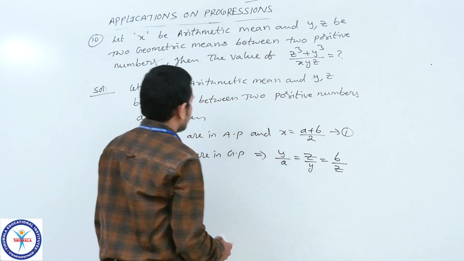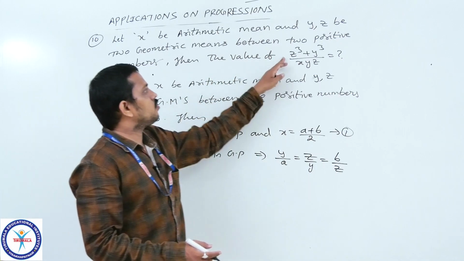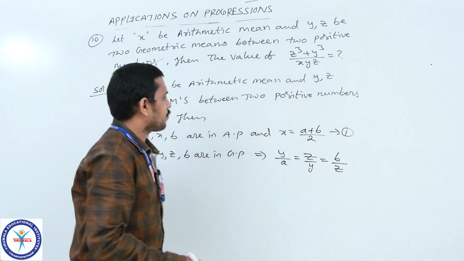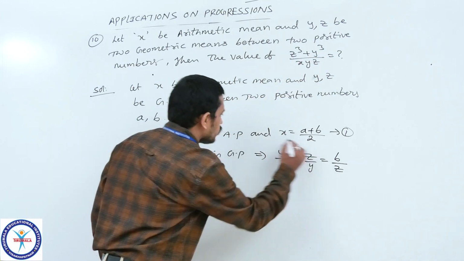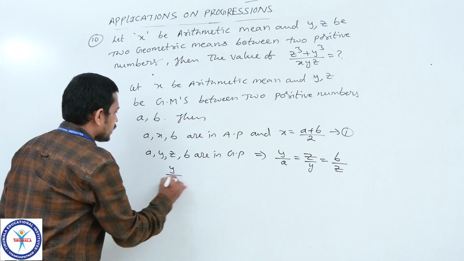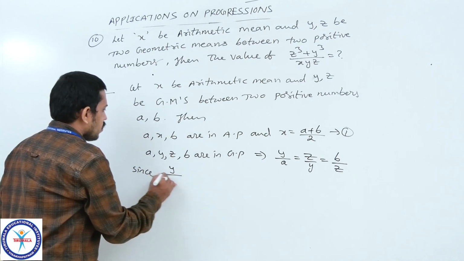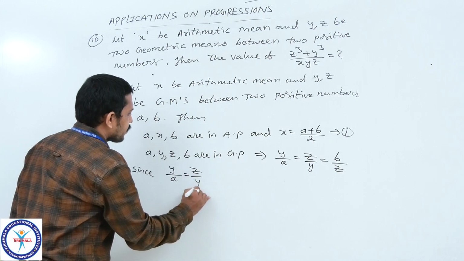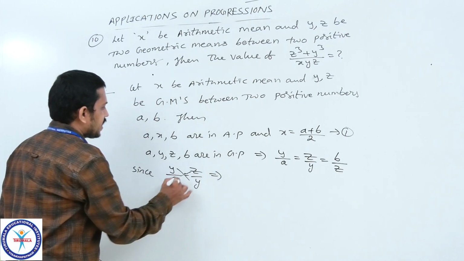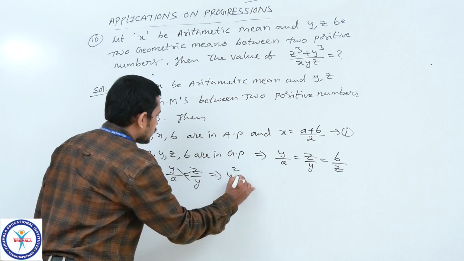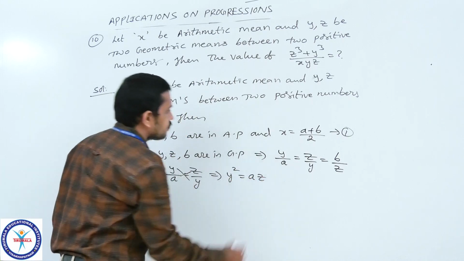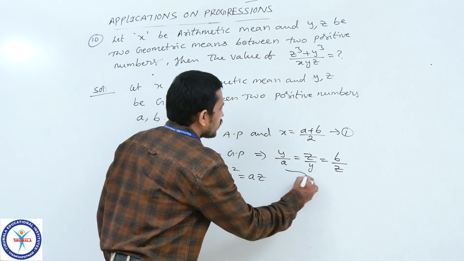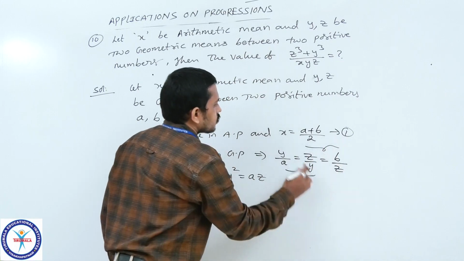Now from this, here we require (z cube plus y cube) by xyz. Now from this consider these two. Since y by a is equal to z by y, by cross multiplication y square is equal to a into z. Now consider these two.